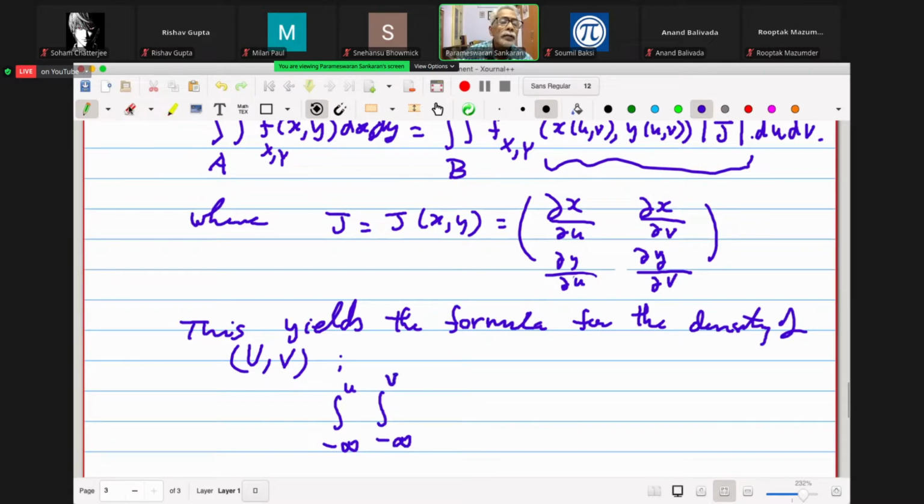Maybe instead of writing u and v, I should change the labels here. So f of x(s, t), y(s, t), times the Jacobian with absolute value as a function of s and t, ds dt. Okay, this is it.